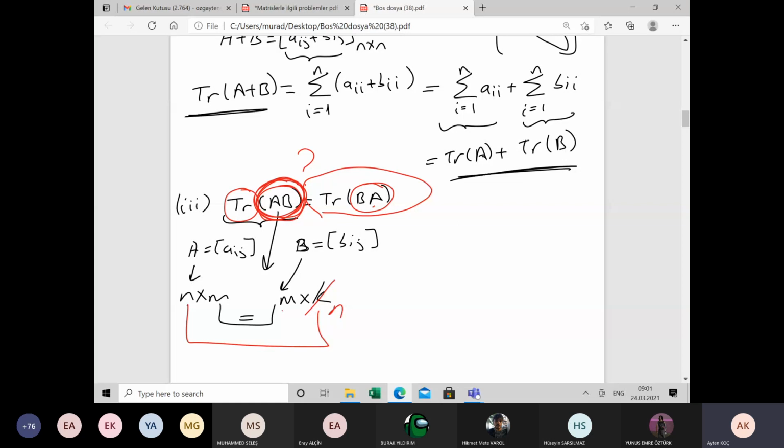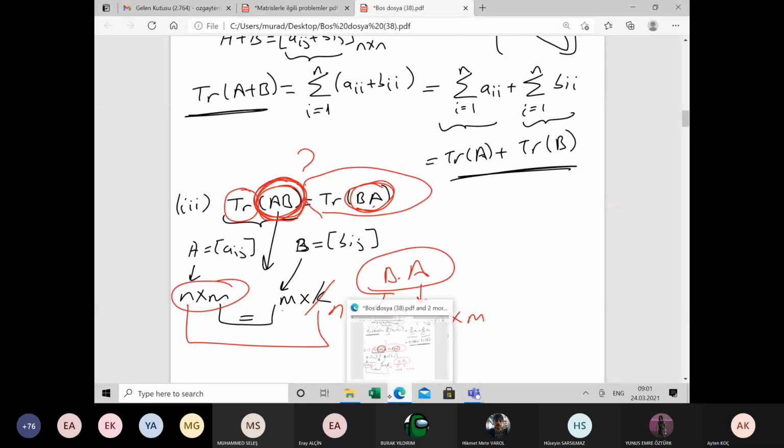So B times A is M by K, and A is N by M. But this product is the same.